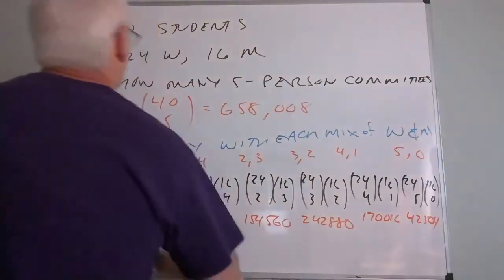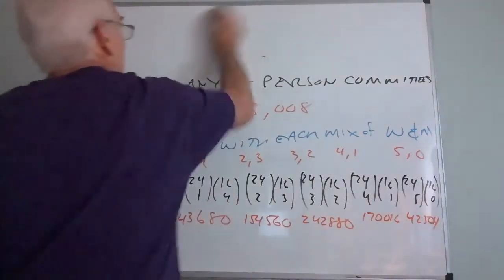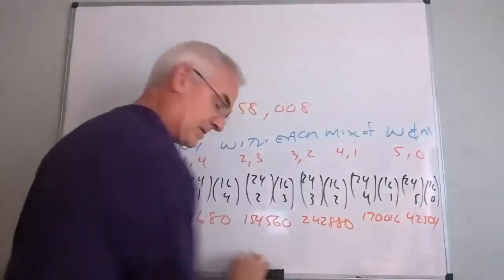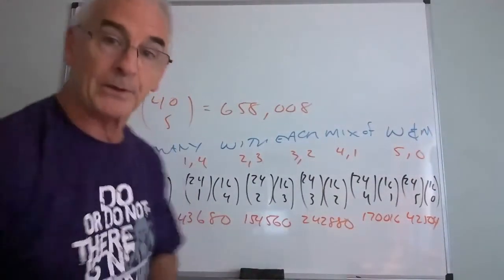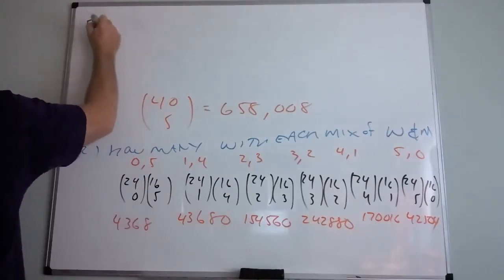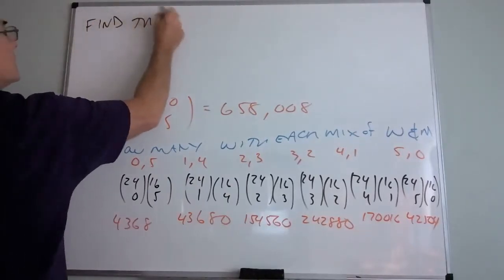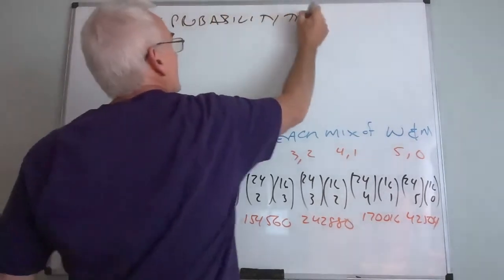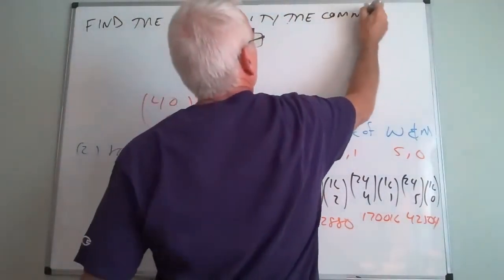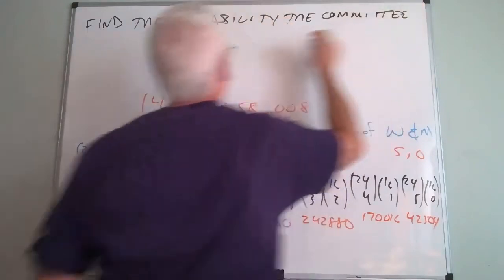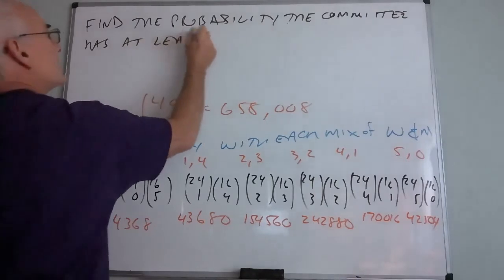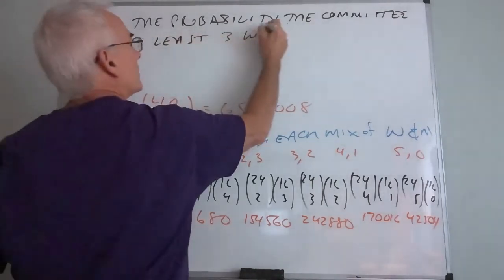Okay. So here's the question. Now I'm going to have Cynthia choose 5 names, and I want to find the probability the committee has at least 3 women.